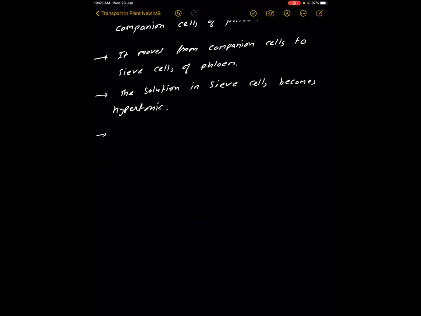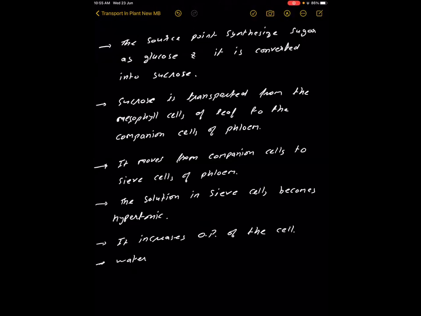It increases the osmotic pressure of the cell. Water moves from xylem to phloem.